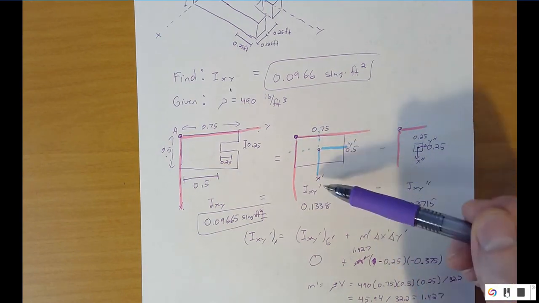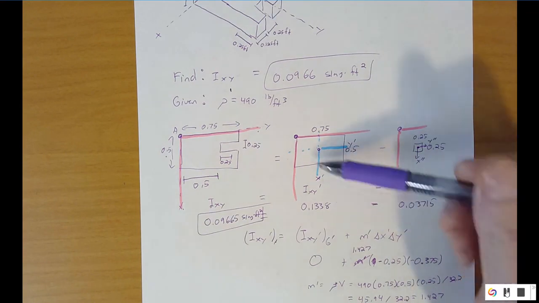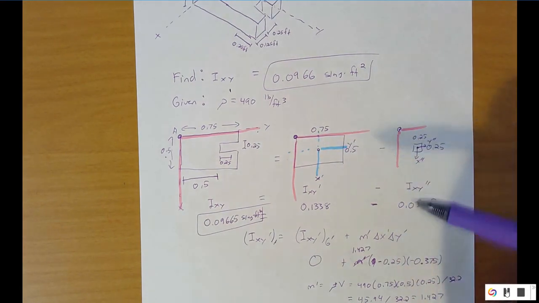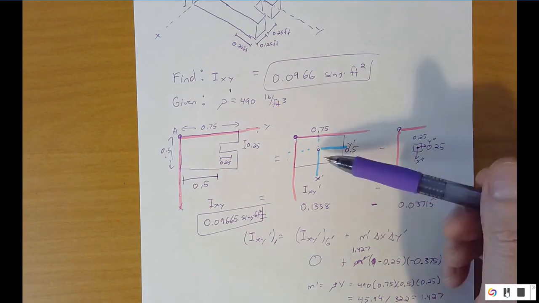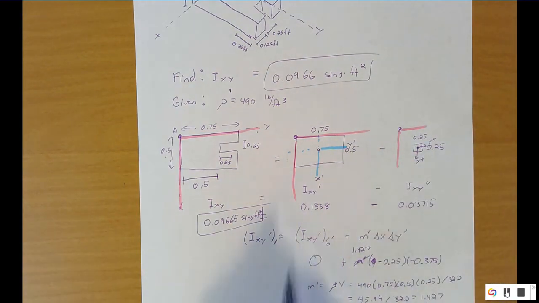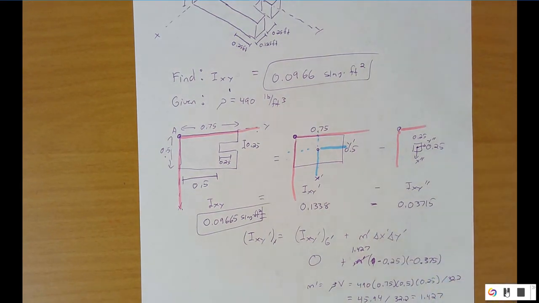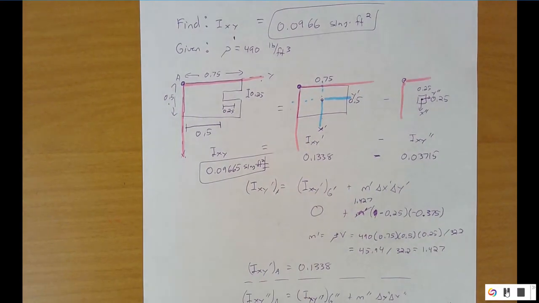It's more important that they cut it in half, but there's a couple things going on there. They have to be parallel, otherwise we can't do parallel plane. And then it has to go through G. So we really didn't have a choice, but conveniently it all worked out. Then we zeroed those out, and then we just use our mass, delta x, and delta y for each one. All right. Hopefully that helps. If you have any questions, feel free to reach out.